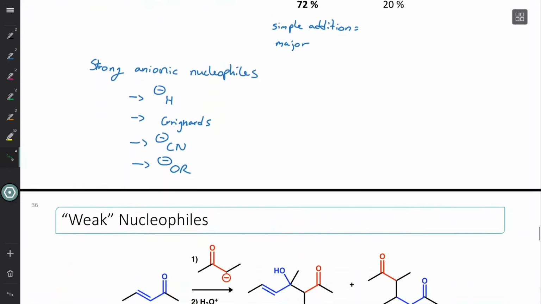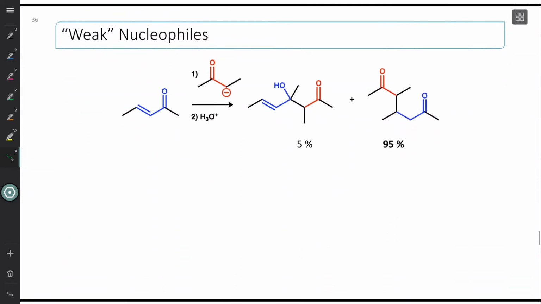On the other hand, weak nucleophiles, quote unquote, tend to prefer conjugate addition, right? So weak nucleophiles, maybe better to call them weaker. They are neutral usually.